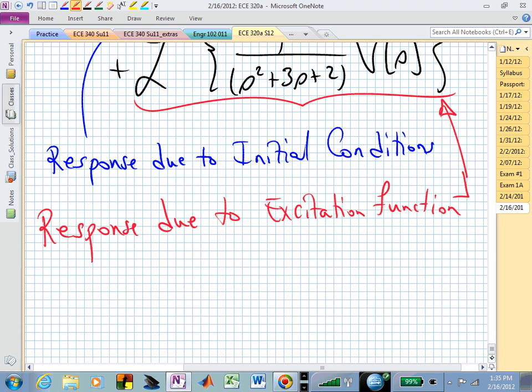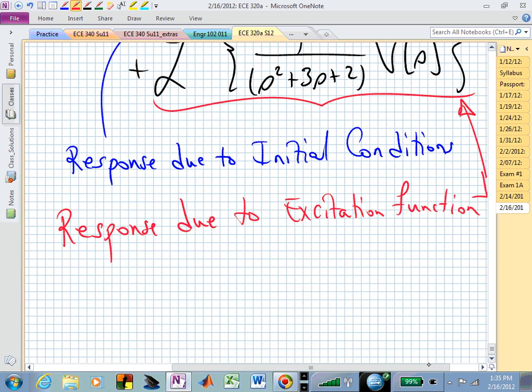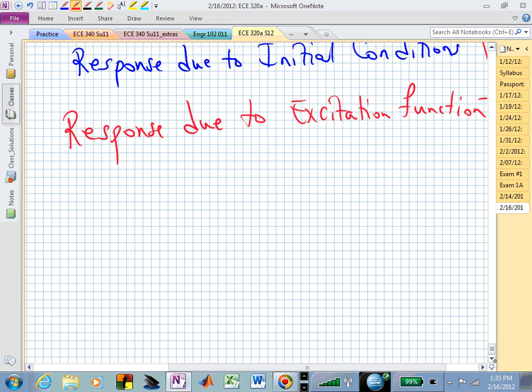Now, let me give you a quiz. Here's your in-class participation. Since this previous discussion was all related to solving a second-order differential equation, what I want you to do is remind yourself where that differential equation might have come from.